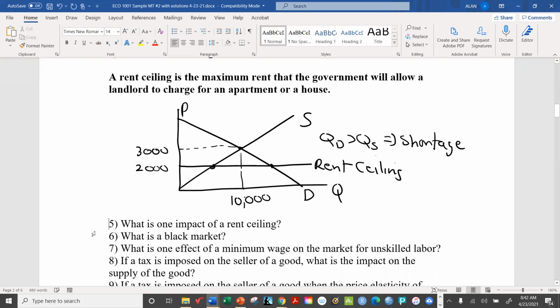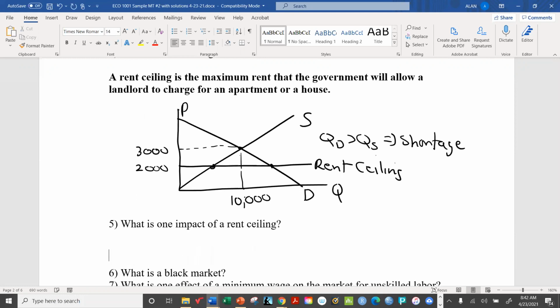Now, there are many impacts of the rent ceiling, but all of them are bad, by the way. They include things like a rent ceiling causes a housing shortage, for sure.